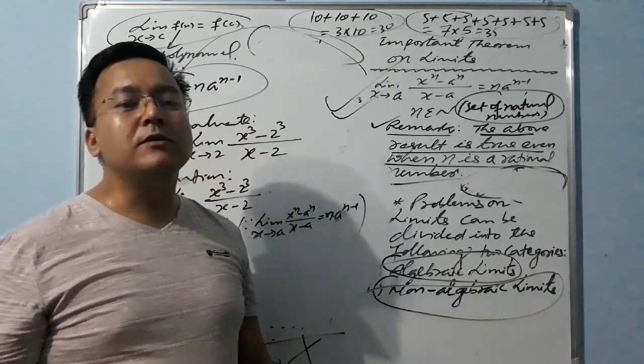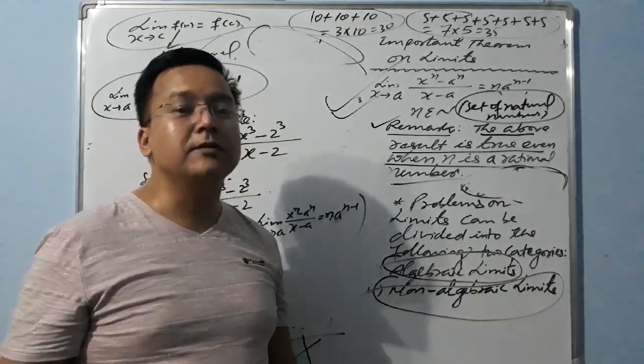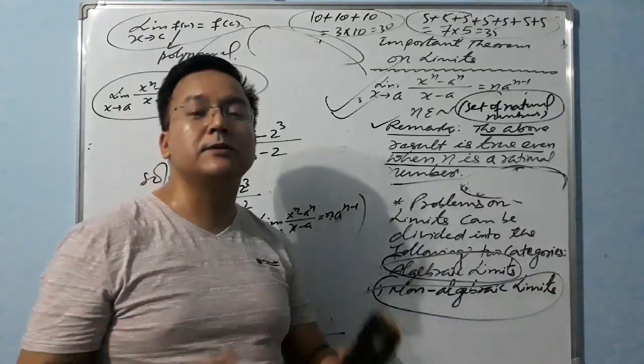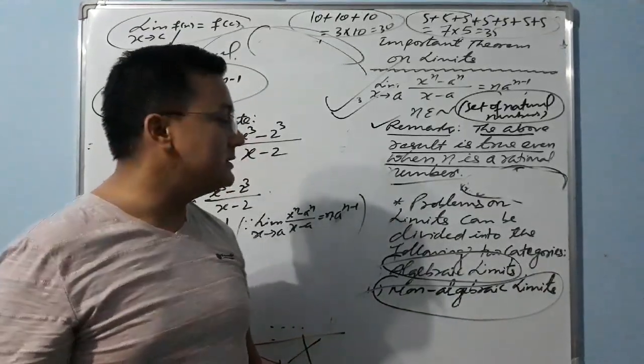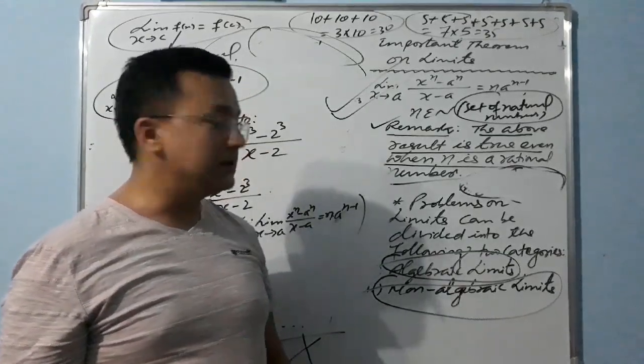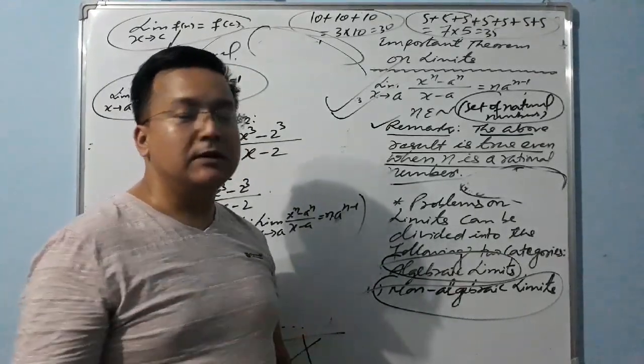These are all non-algebraic functions, or you can say transcendental functions. Transcendental functions are those which are not algebraic: trigonometric, exponential, logarithmic, hyperbolic functions. If you are finding the limits of transcendental functions, these are problems of non-algebraic limits.